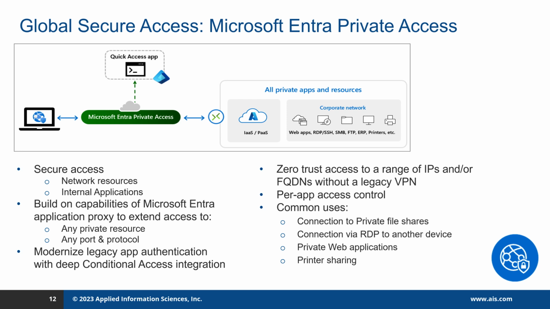For Entra Private Access, ultimately this is to allow your remote workers to access any file shares, web apps, any remote desktop sessions that they may need to access, or any printers that you have shared corporate wide, as well as any IaaS or other service as a solution that you would need those users to access remotely that you host internally.